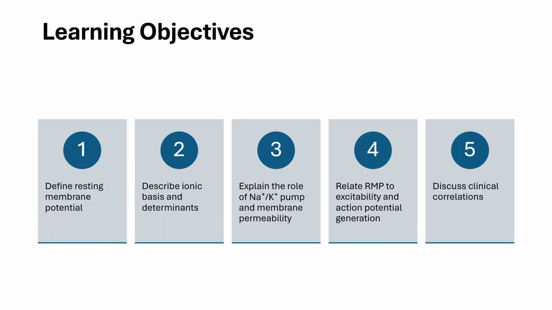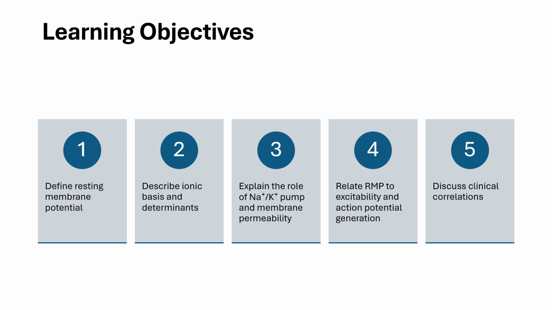At the end of this tutorial, you should be able to, first, clearly define the resting membrane potential, understanding what it represents and how it's measured. Second, describe how different ions contribute to the steady state voltage across the membrane. Third, explain the role of the sodium potassium pump and membrane permeability and how their coordinated actions maintain the delicate balance of charge.